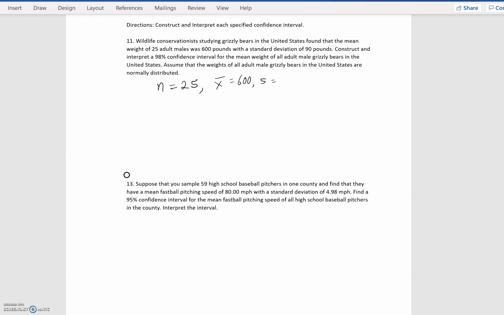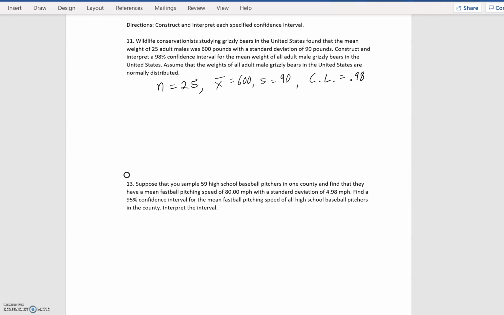The standard deviation, little s, was 90. So we need to construct and interpret a 98% confidence interval. So the confidence level for this problem is 0.98. And we're estimating the population mean. And you are not given the population standard deviation.